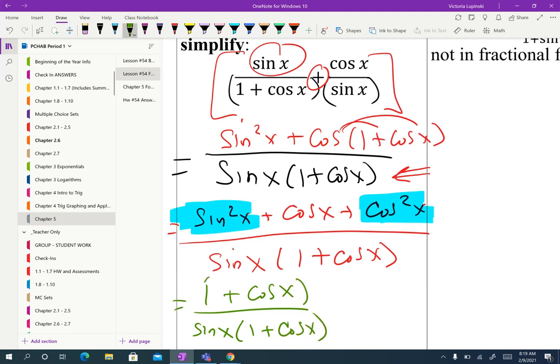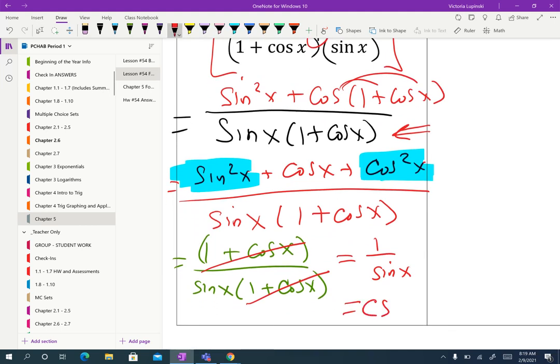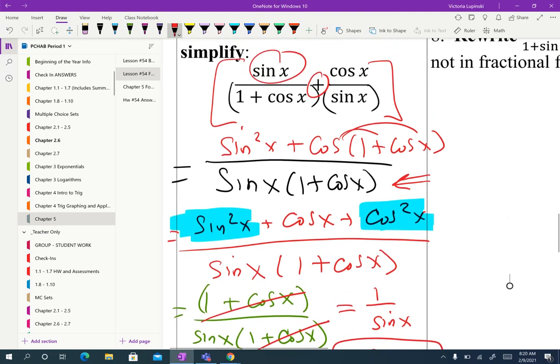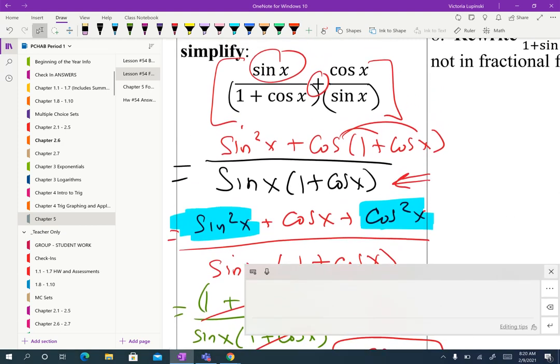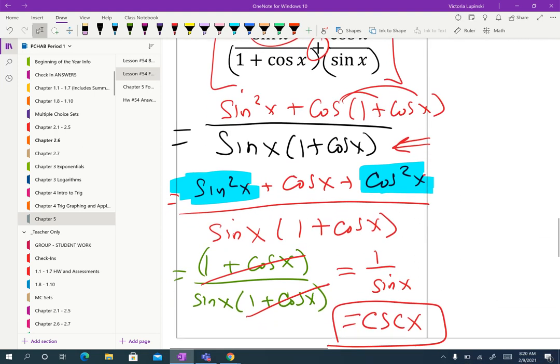And then if you realize that the numerator is a 1 plus cos, and then in the denominator, you have a sine times a 1 plus cos, you can actually reduce those 1 plus cosines. That's going to leave you with a 1 over sine. And whether you have to go back and check in your formula sheet or not, that is equal to a cosecant. I mean, who doesn't want to live in a world where that big, ugly, messy problem turns out to be a nice, simple cosecant?